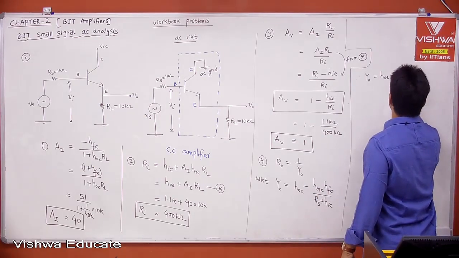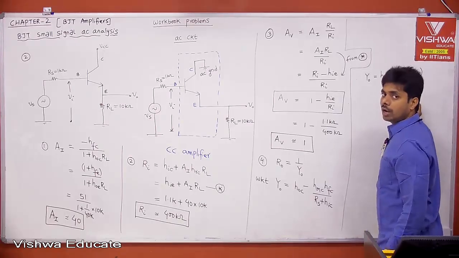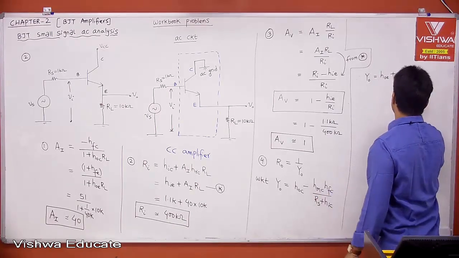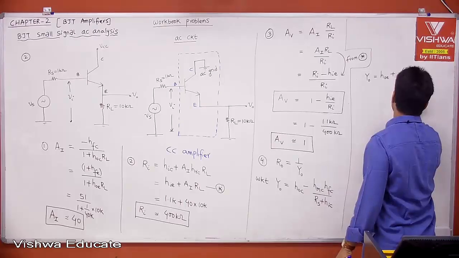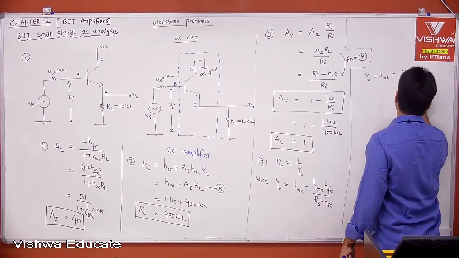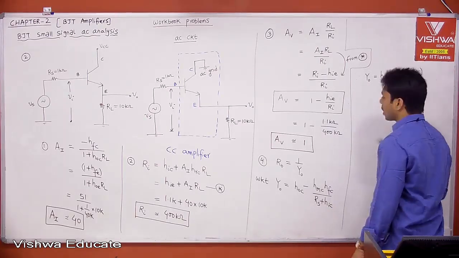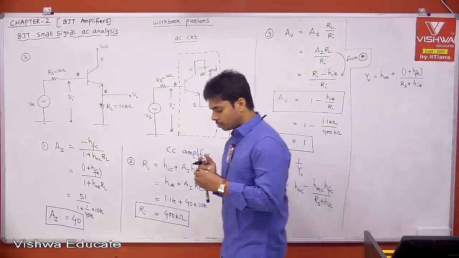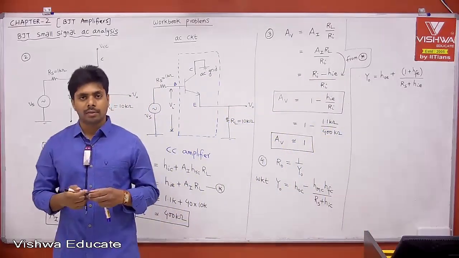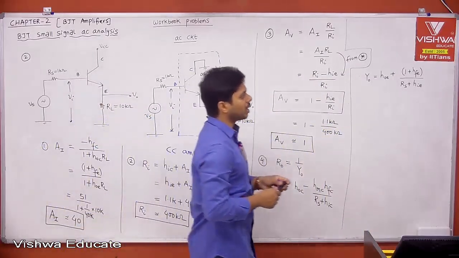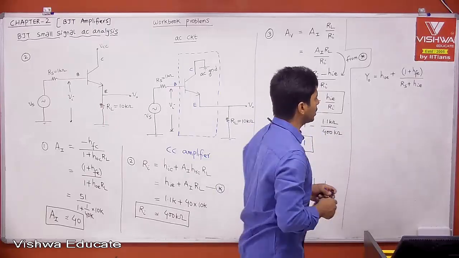If you refer to the conversion values I gave, you'll get it. You will understand why we are converting CC h-parameters into CE h-parameters, and we will see that. But give me some time, you'll get it.